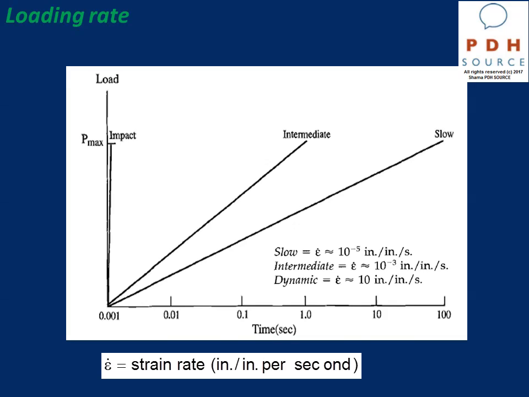Another parameter which is very important and affects the fracture toughness is the loading rate. The loading rate is expressed in terms of the strain rate, inch per second, and these are the limits for slow loading, intermediate loading, and dynamic loading.